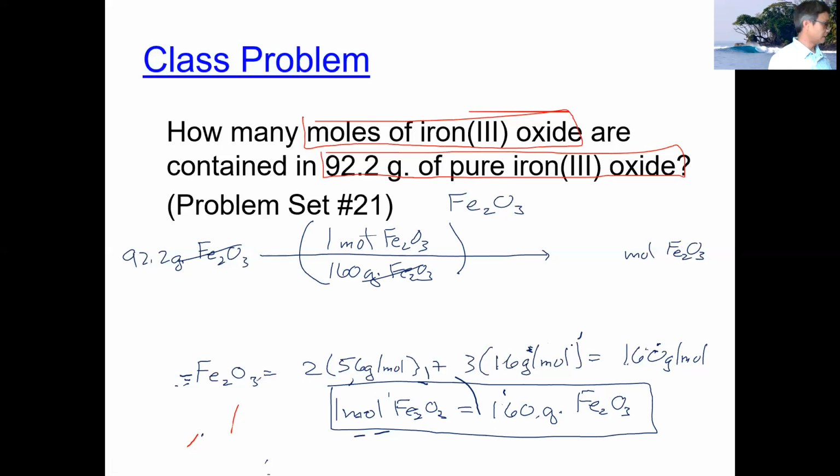Okay, and so if you divide it, you'll get your answer as 5.76 times 10 to the negative 1 moles of iron 3 oxide. Okay, and that'll be your final answer. 3 sig figs here, because we start out with 3 sig figs on the left over there.